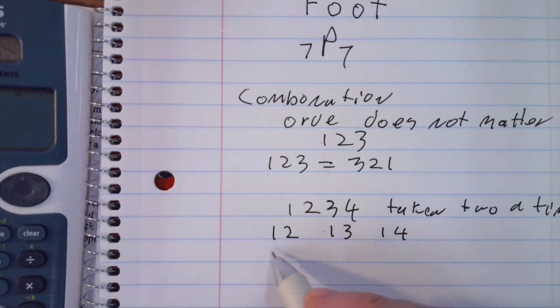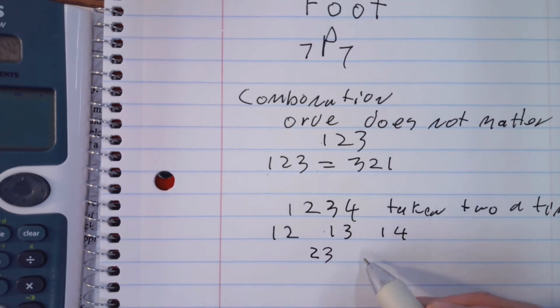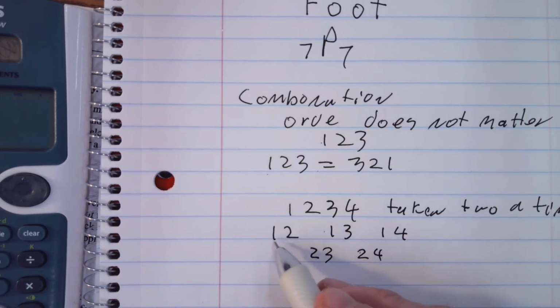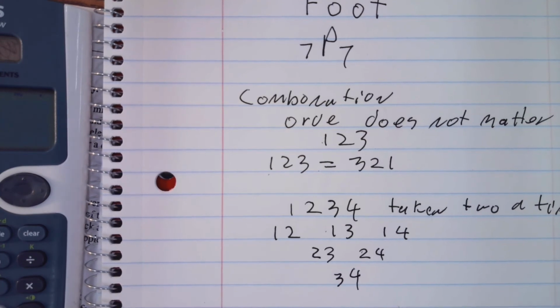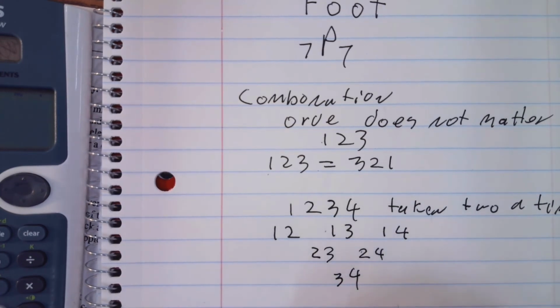I don't have 2, 1, do I? But do I have 2, 3, and 2, 4? I can't do 2, 1 because that would be the same numbers, different order. Order doesn't matter. And then the last one would be 3, 4. Okay, combinations are going to work exactly the same way.